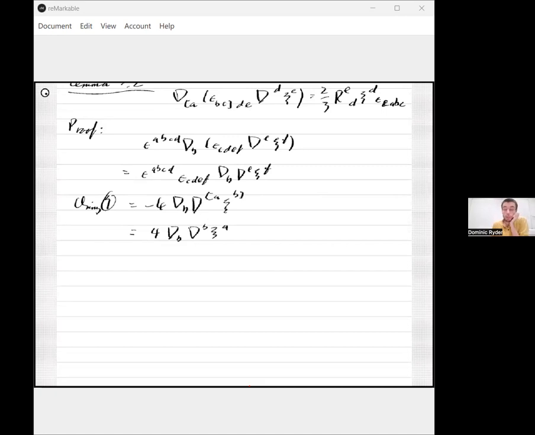Now, using the Killing property and the Ricci identity, one can prove, I think Bruno wrote this down in the last lecture, I don't remember, this is true. I don't do it here. It's a reasonable bit of homework to do this. And this implies, just contracting over the A and B indices.